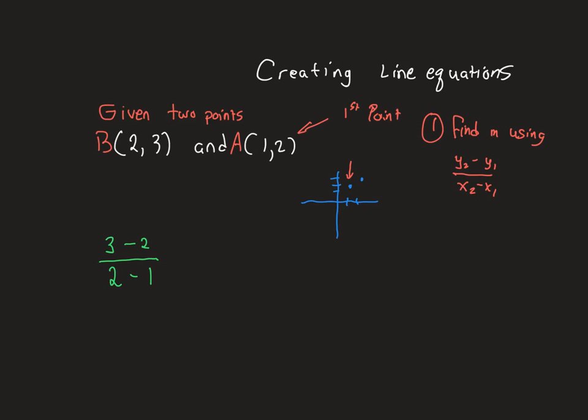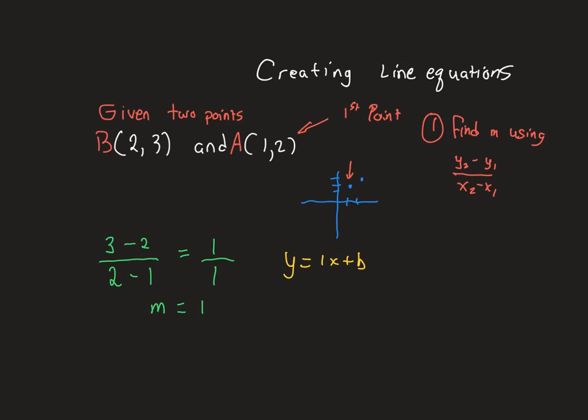Okay? So let's calculate this. 3 minus 2 is 1. 2 minus 1 is 1. So my slope is 1. So now that I have my slope, you can write it down here, 1x plus b.